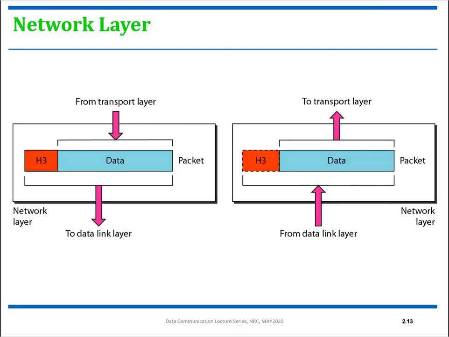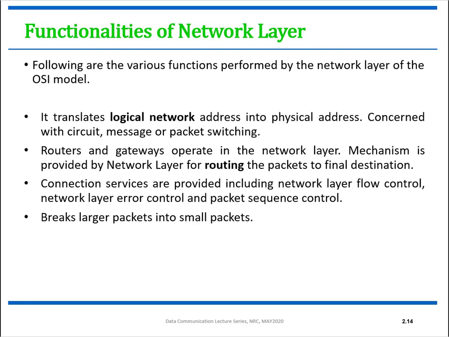Another layer we discuss here is called the network layer. The network layer receives data from the transport layer and sends the data to the data link layer, right? Here you see only a header, H3, but there is no trailer. The trailer is only added in the data link layer. So what are the functionalities of the network layer? The main functionality of the network layer is to make a packet of the data.